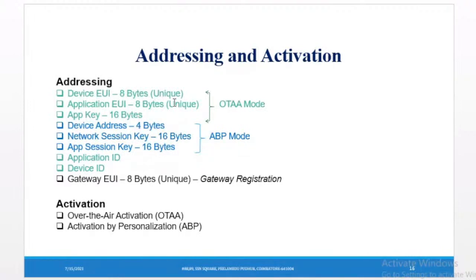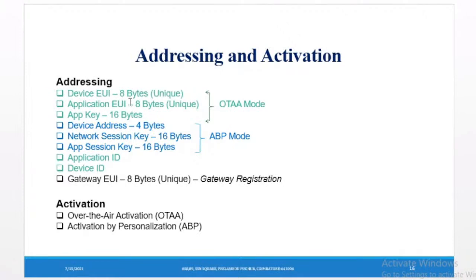Based on these activation methods only, I'm going to push the data. In OTAA mode, what keys does it use? Device EUI, app EUI and app key. In ABP mode, device address, network session key and app session key. So what is the main thing here?